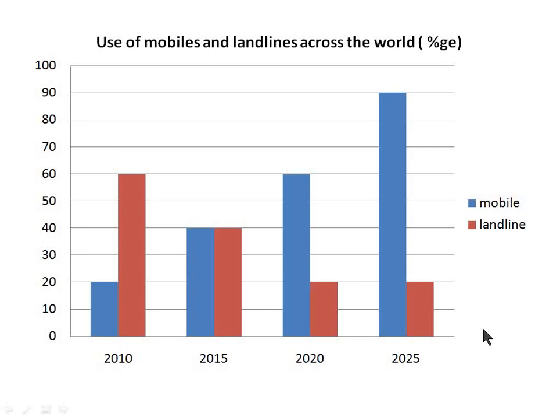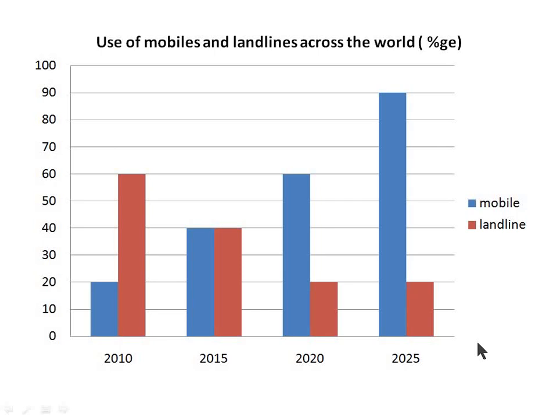On the other hand, the use of landline was maximum in 2010 and then dropped significantly, and in future in 2025 only 20% of the world's population will use mobile. In conclusion, in future mobiles will be more popular. So this should be the speed while you describe image in PTE.